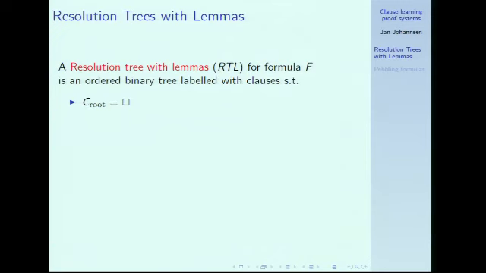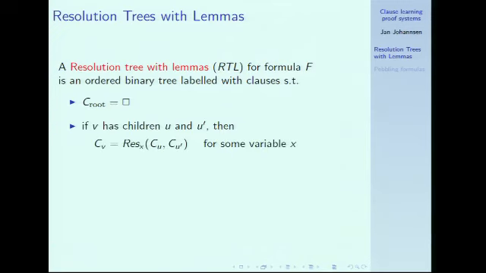The root is labeled with the empty clause. If a node has children u and u prime, then it's labeled with the resolvent of the labels of u and u prime. And if v is a leaf, then it's labeled with a clause from the formula.